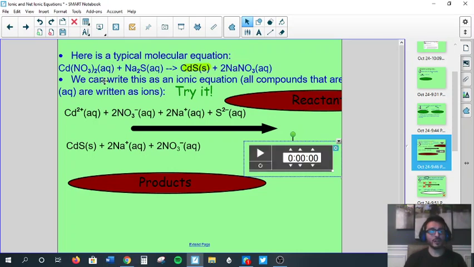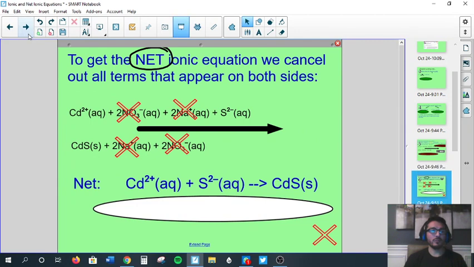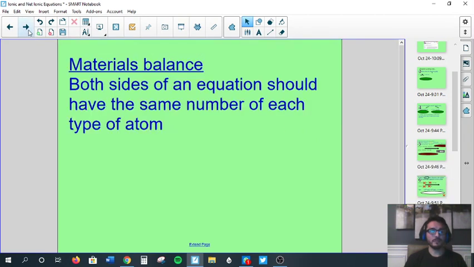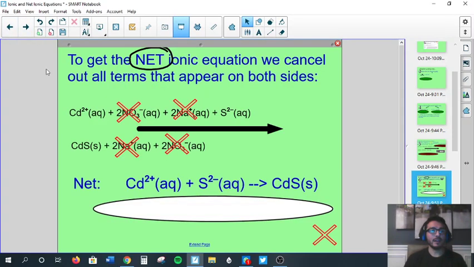Correctly balanced. If it weren't, it likely wouldn't have worked. So make sure that the entire equation is balanced. And that at the end, when you do come up with a net ionic equation, check to make sure that you get an equal number of atoms on both sides.